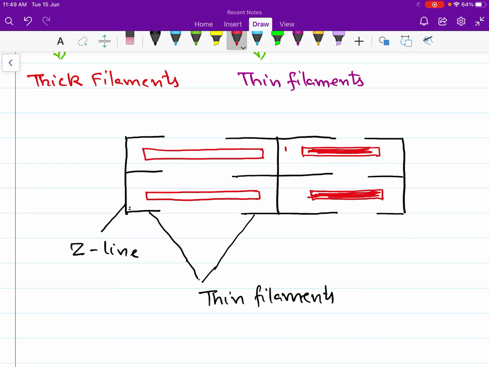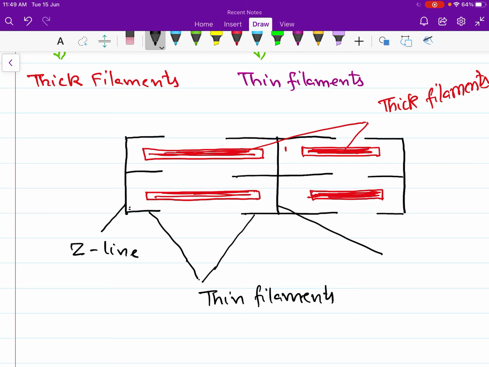They are the thicker of the two, therefore named the thick filaments. And the line from which the thin filaments arise is called the Z line.